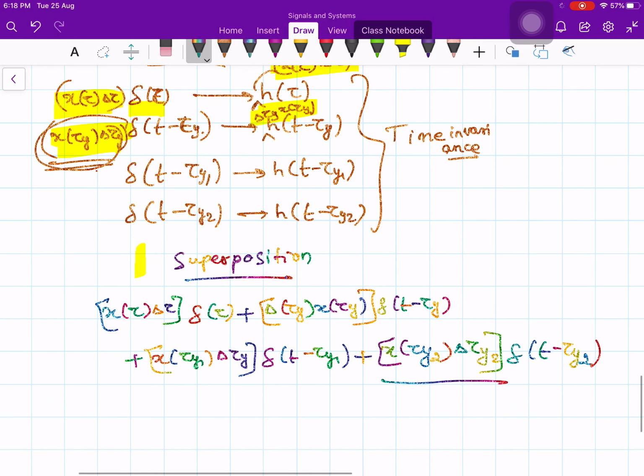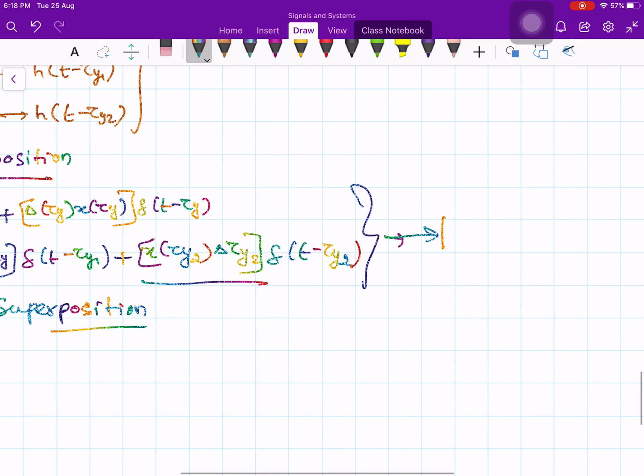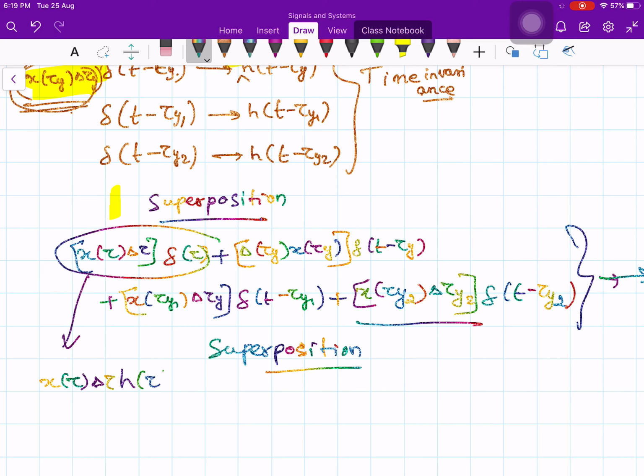I am adding all the time shifted and scaled impulses, and if I give them all together collectively to the same LTI system, the output will be the summation of the individual responses. This first term will lead to one response, x of tau times del tau times h of t, and the second term will give rise to del tau y, x of tau y times h of t minus tau y, the impulse response.